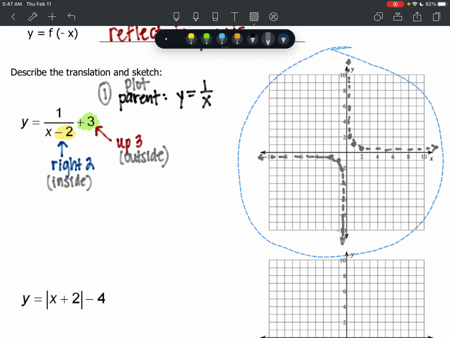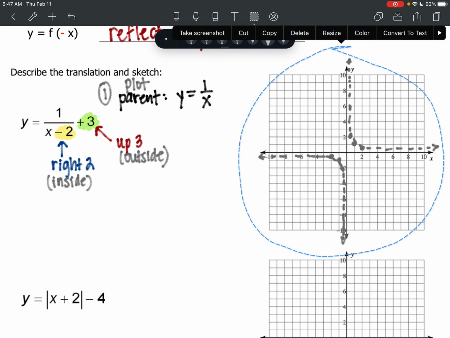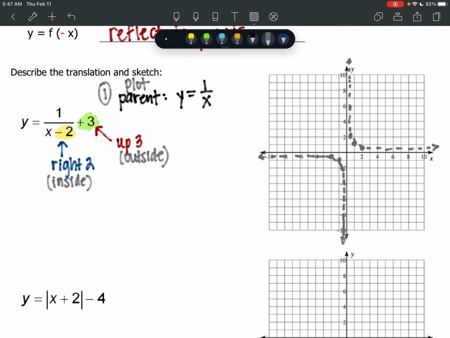But I'm going to show you how we're going to do this. We know that this function has some asymptotes. So it has an asymptote that's vertical along the y-axis. That's going to adjust by moving right 2. And then we have the horizontal asymptote along the x-axis, and that is going to go up 3.